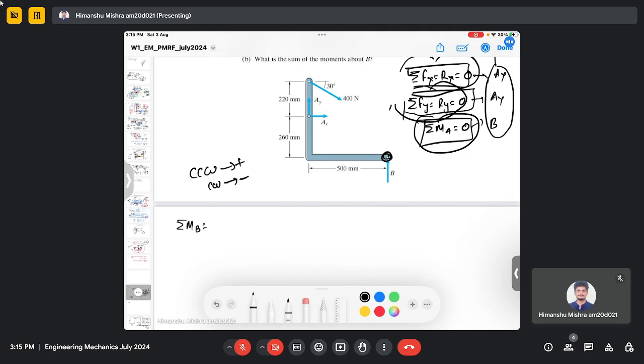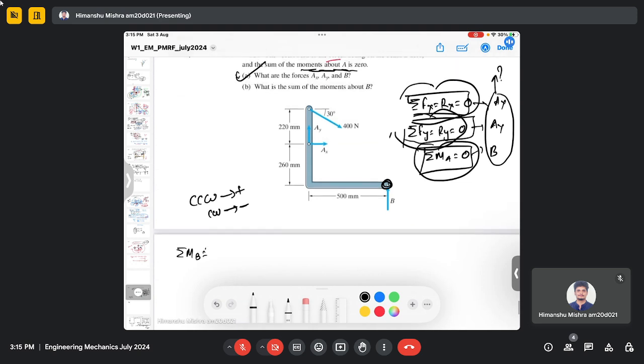So the moment about B will be equal to, first we need to identify the forces which are creating the moments.